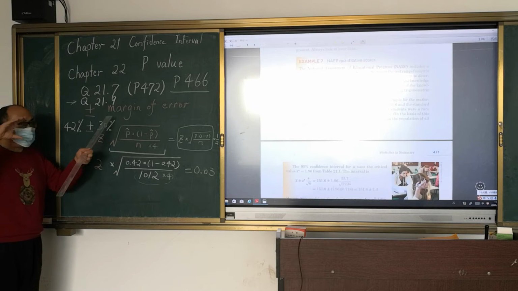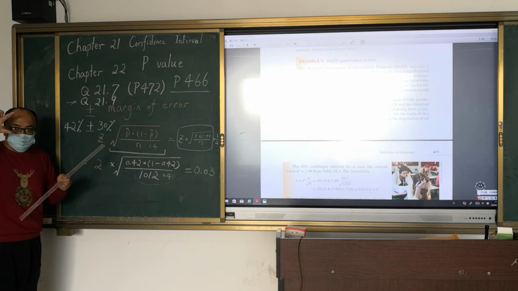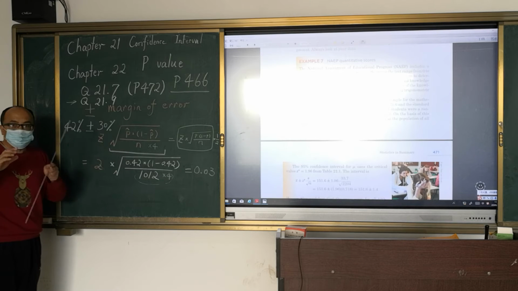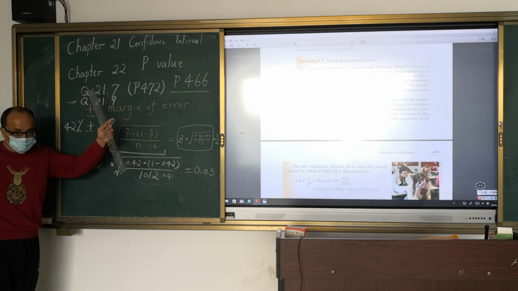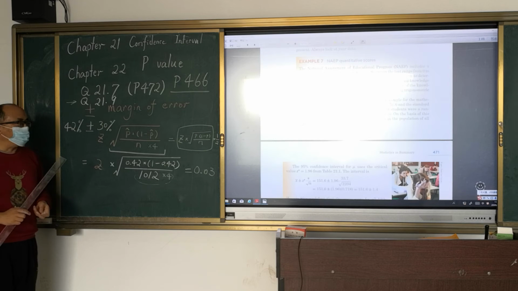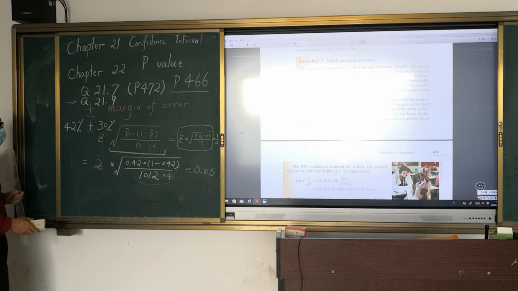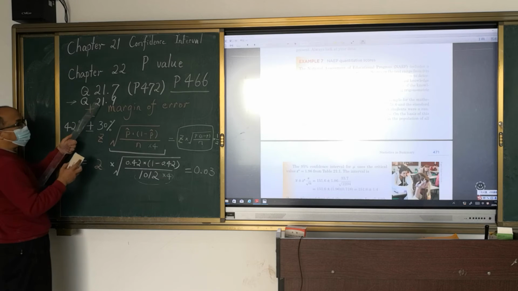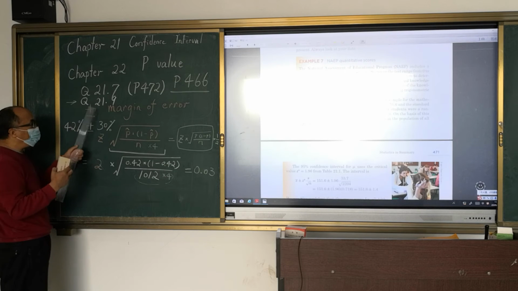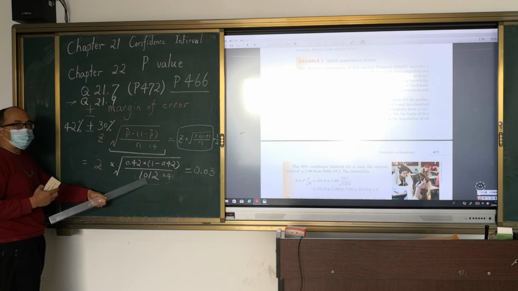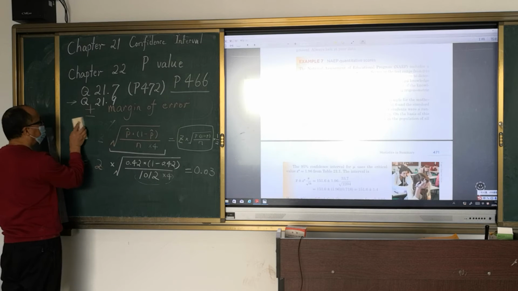If you want it to decrease by half, you need 4 times the sample. So for this, you don't need to do a lot of calculation. It's just 4,048.